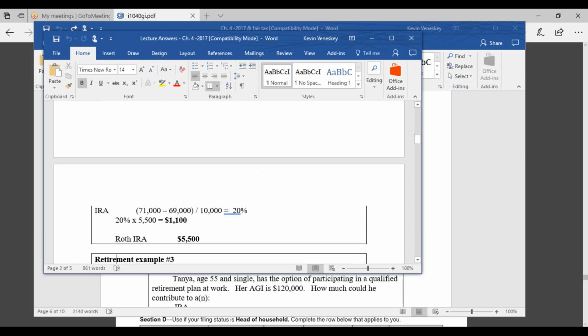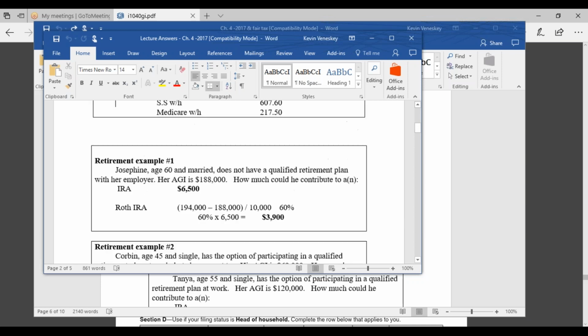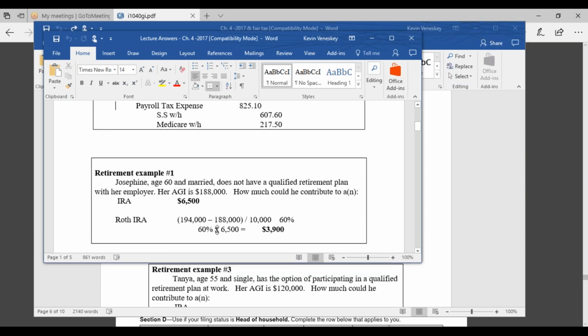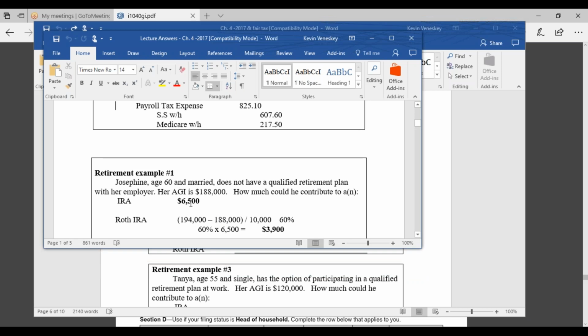All right, we're looking at the IRA example number 1. With this one, the individual is 60 years old, so that already puts them into that higher category, the 5,500 or 6,500. This individual does not have a qualified retirement plan with her employer. Her AGI is 188,000. Now, remember, with an IRA, if you do not have a qualified retirement plan option with your employer, you can deduct and put in the full amount, the 6,500.